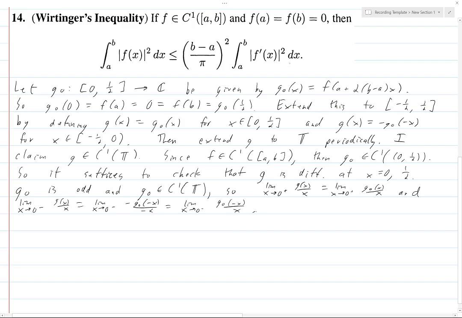Oh yeah, g is in C1 of the torus. That's kind of straightforward because f is in C1. And then if you look at what happens at the origin, the limits from both sides are going to be the same because the function is odd. And so you don't have any issues there. Does the same logic work?